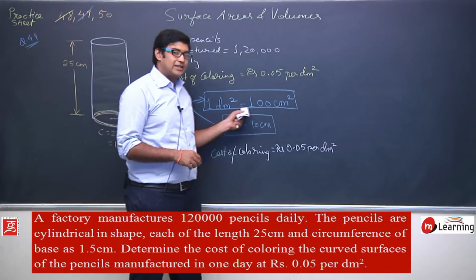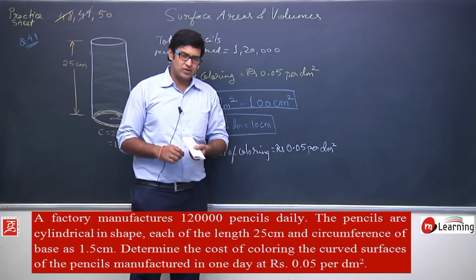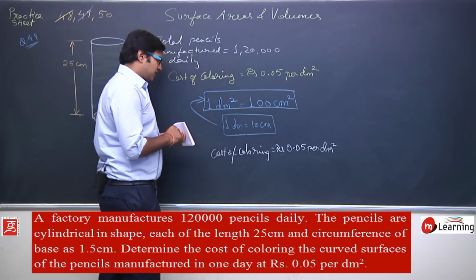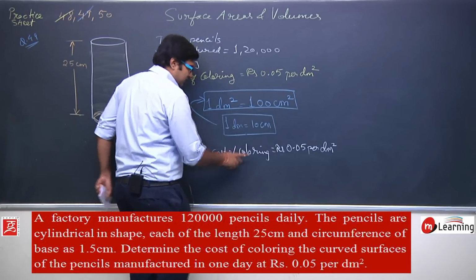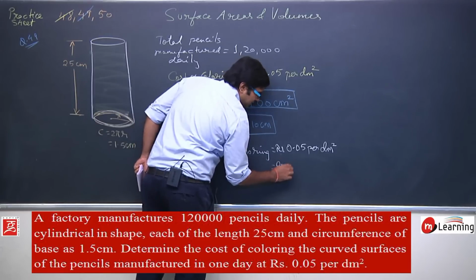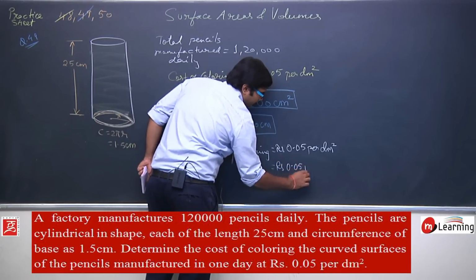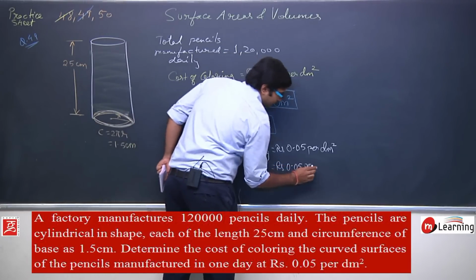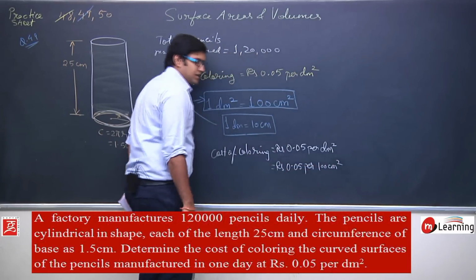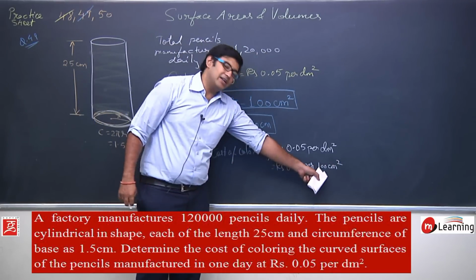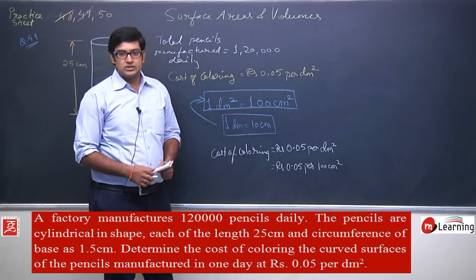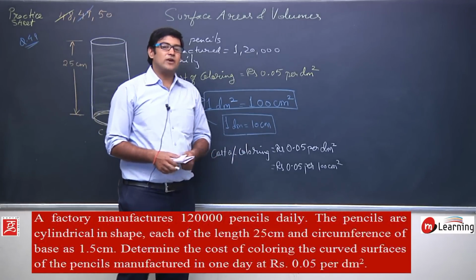But it says that 1 decimeter square is 100 centimeter square. So if I want to convert it into centimeter, in place of this decimeter, I can write that cost of coloring is rupees 0.05 per 100 centimeter square. That means if I want to color 100 centimeter square area, I need 0.05 rupees. Okay, so this is the cost of coloring.